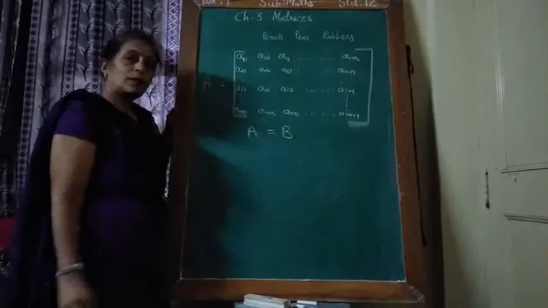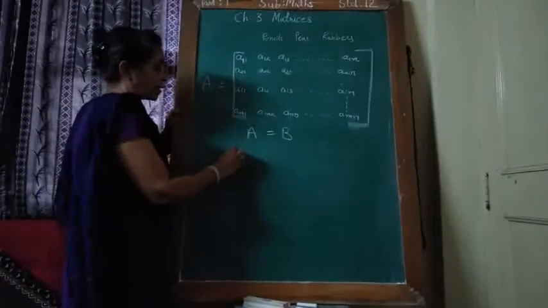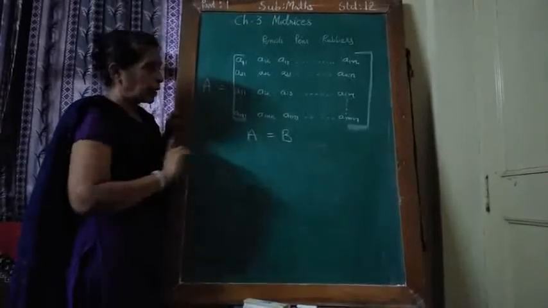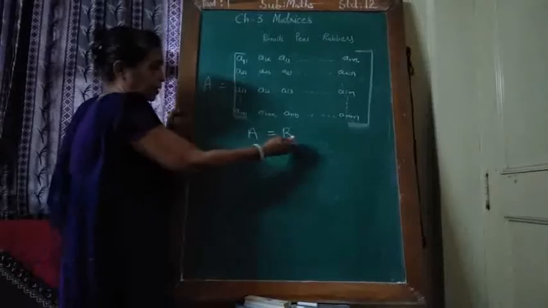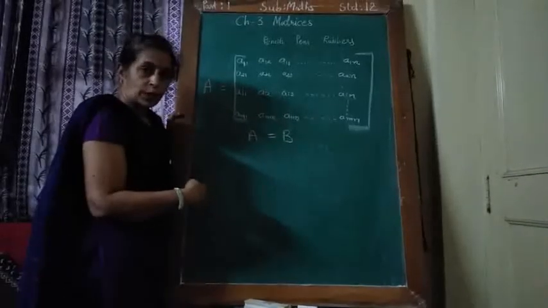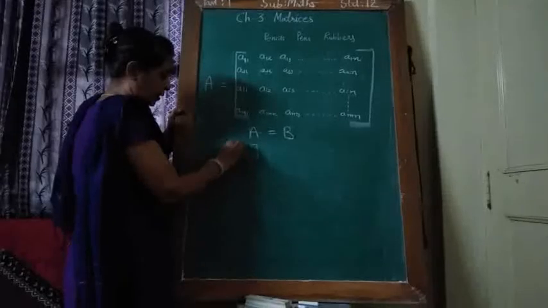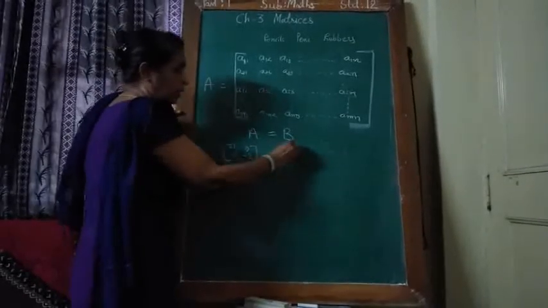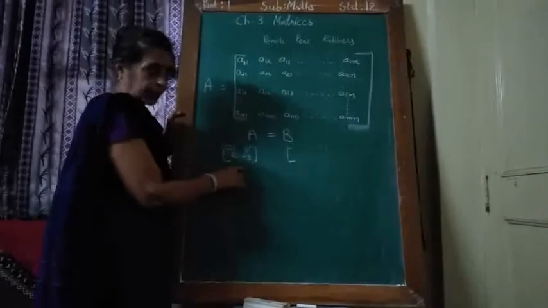That means their order must be the same and corresponding elements must also be the same. Order means if A is 2 cross 3, then the B matrix also has order 2 cross 3.